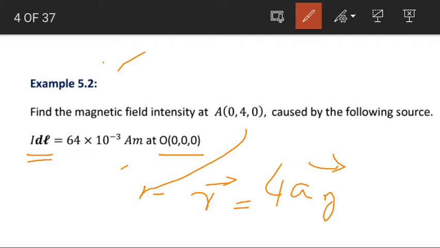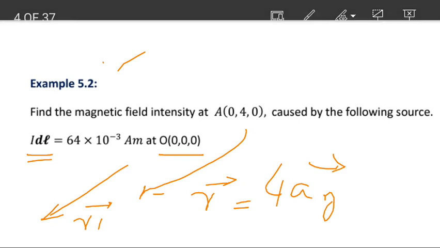The position vector of the small portion of the current carrying conductor will be R1, and you see R1 will be equal to 0 AX plus 0 AY plus 0 AZ.